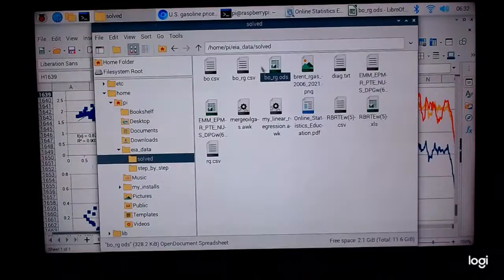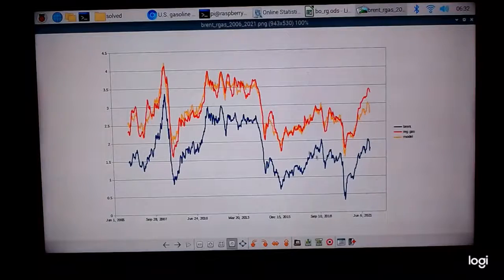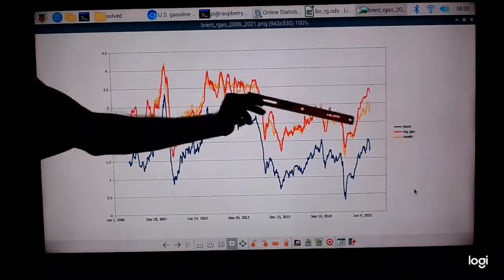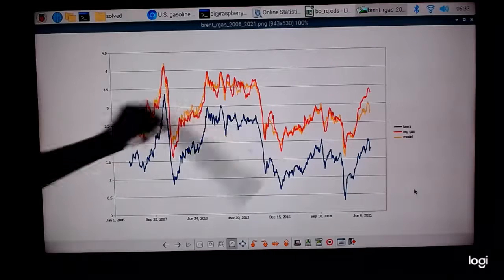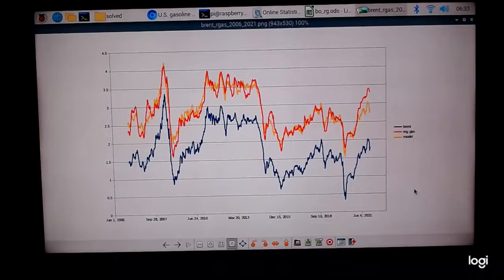And I do not know why there's such a big gap right there in the recent months. So that's what I was looking at this weekend, or this holiday weekend. I was just curious about the gasoline prices, and I ran a linear regression on Brent, regular gasoline.